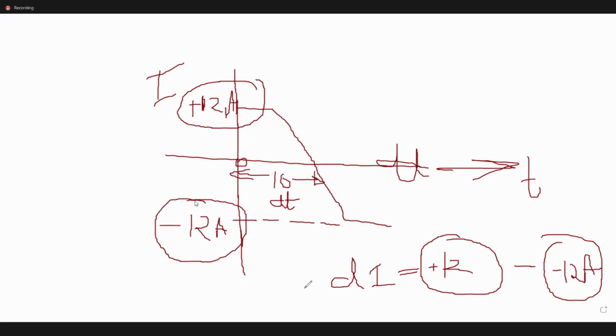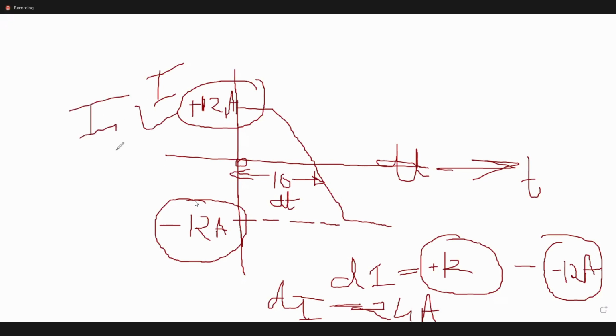So what is the di? Di is equal to plus 12 minus minus 12, plus 12 plus 12, that is 24 ampere. Change of current, this current I1 minus I2.